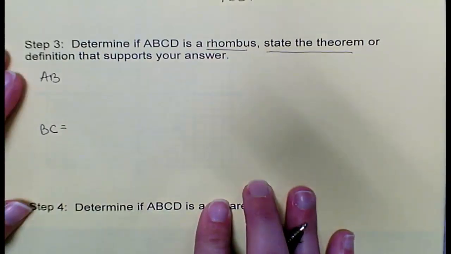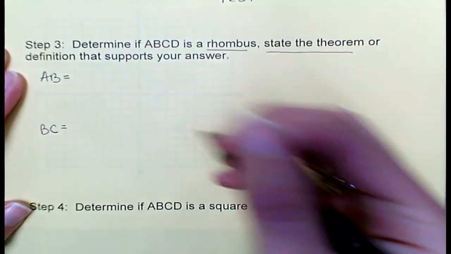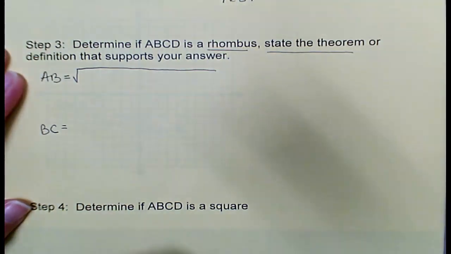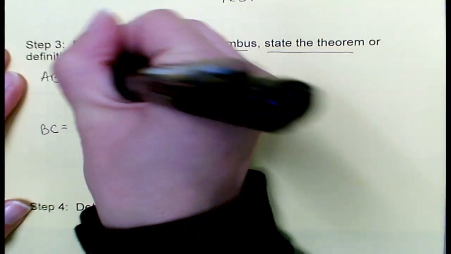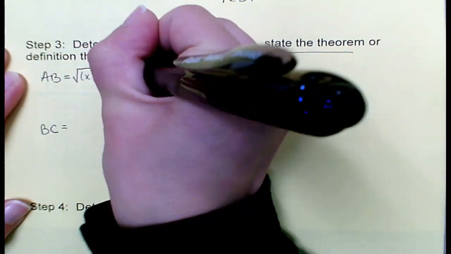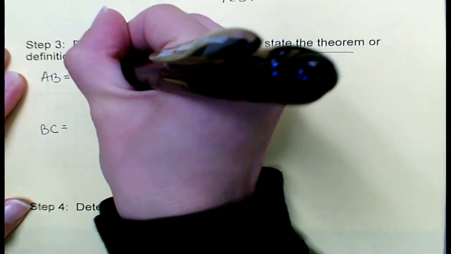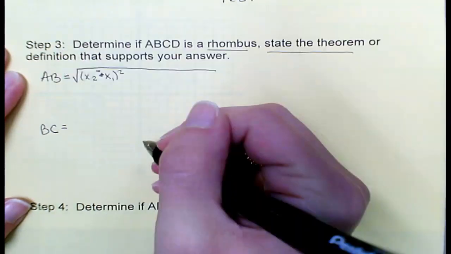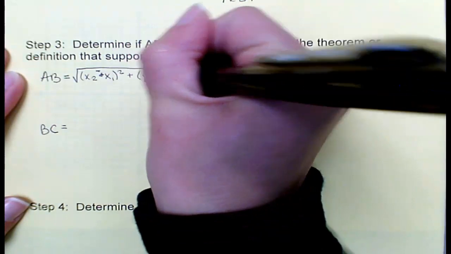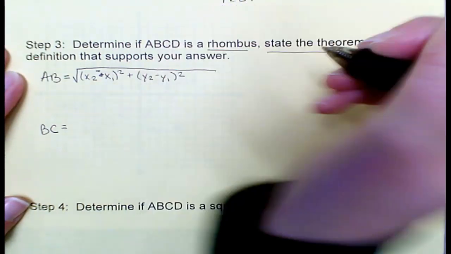So if I'm finding a distance on a side, I'm going to use the distance formula. My distance formula is the square root of x sub 2 minus x sub 1 squared, plus y sub 2 minus y sub 1 squared.